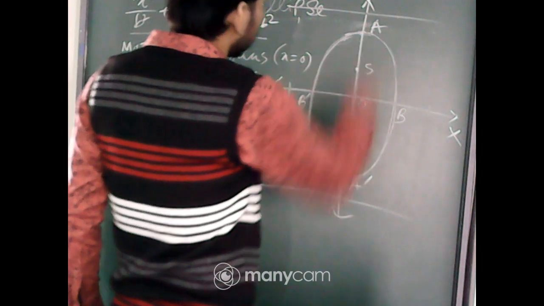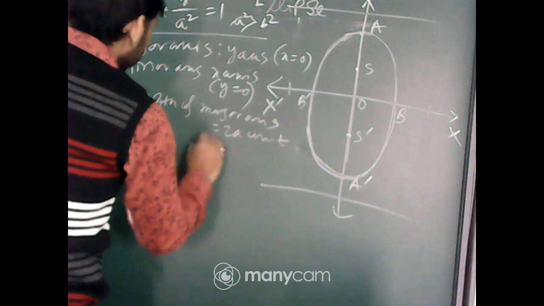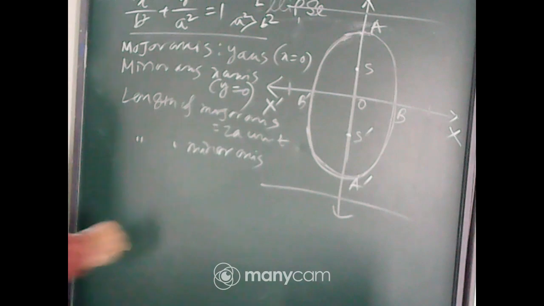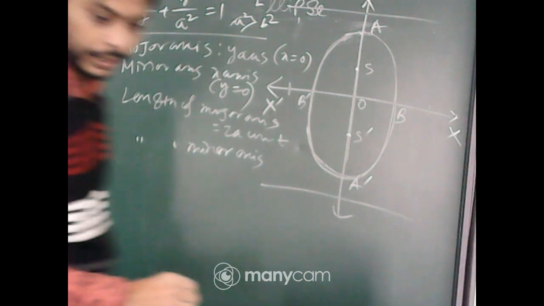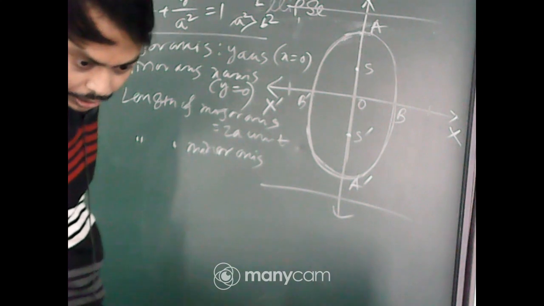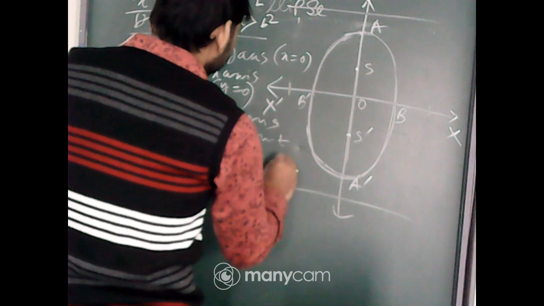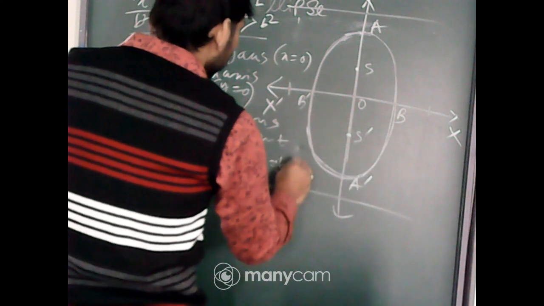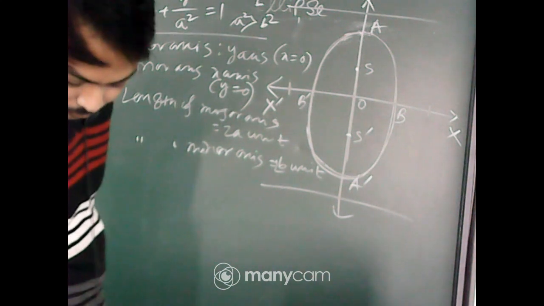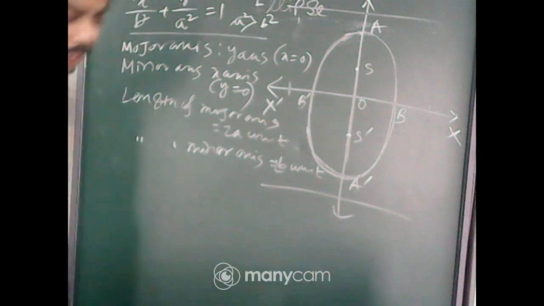Here only the major axis and minor axis changed. Length of minor axis is 2b units. Center is same, 0 0.